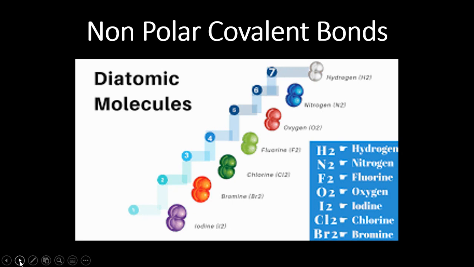And these are also going to be nonpolar because, again, you have two atoms that are the same element, and because of that, they have the same structure, and the electrons are not attracted to the other atom more than the first one because they're identical. So this is another example of nonpolar covalent bonds. We also have hydrogen gas, nitrogen gas, and oxygen.